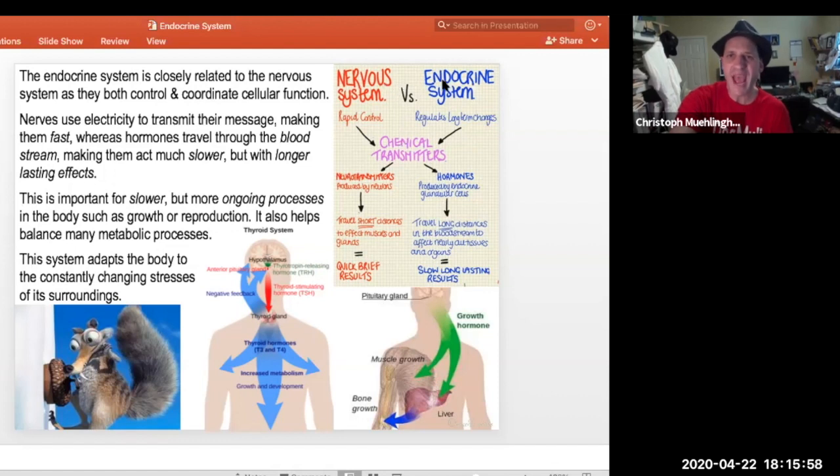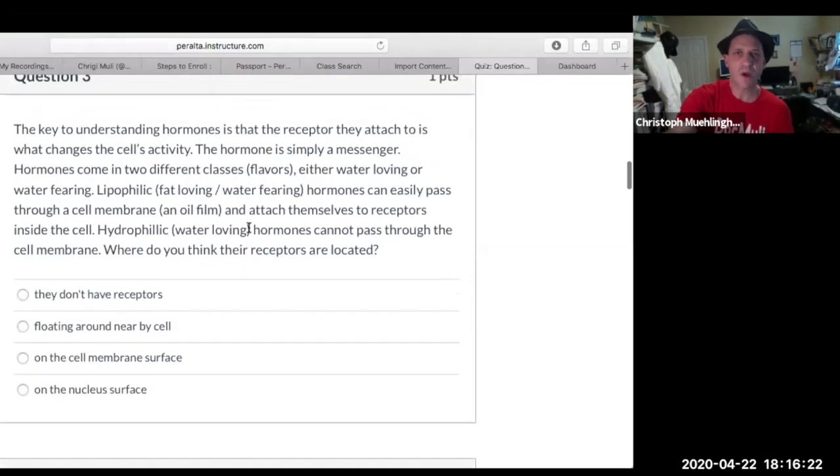The nervous system and endocrine system both have chemical transmitters. The nervous system releases the chemical at the end of the nerve itself, and the endocrine system just trickles the hormones into the bloodstream and lets them be picked up wherever they are going to be picked up. Good. If there's a question, just speak up.